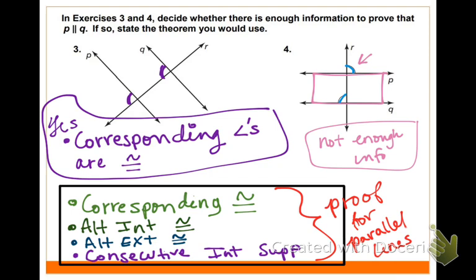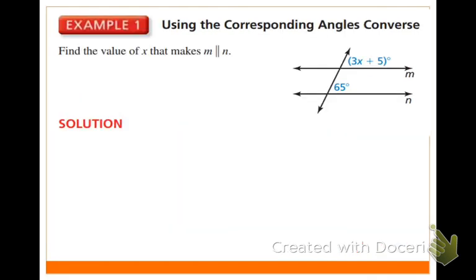All right, we move to the next one. Find the value of x that makes m parallel to n. What relationship do these 2 angles have? They're corresponding. What do we know about corresponding angles? They're congruent. So what does 3x plus 5 equal? 65. Is 65 what x equals? No, it doesn't. 3x plus 5 equals 65, but x does not. We need to find what x equals, so we would solve this equation.